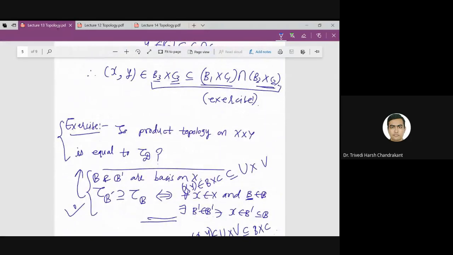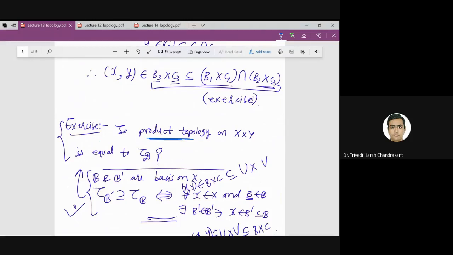And then we discussed that now we have two bases on X cross Y. Do both bases generate the same topology? We already know one basis generates the topology we call the product topology. The other basis generates a topology; is it the same as this product topology?